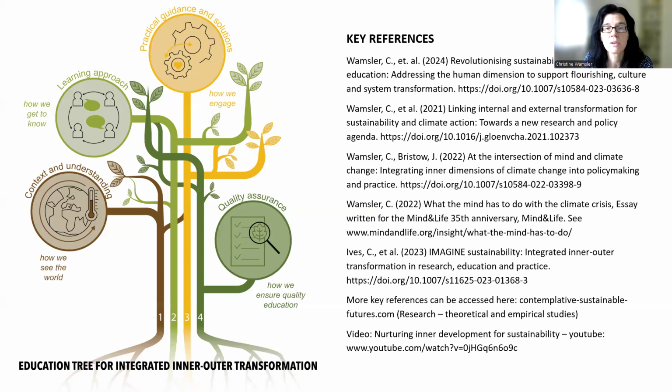And together, these aspects then challenge how we see the world, how we get to know, how we engage, and how we ensure quality education to foster deep understanding and action taking that supports personal, collective, and planetary well-being and regeneration.